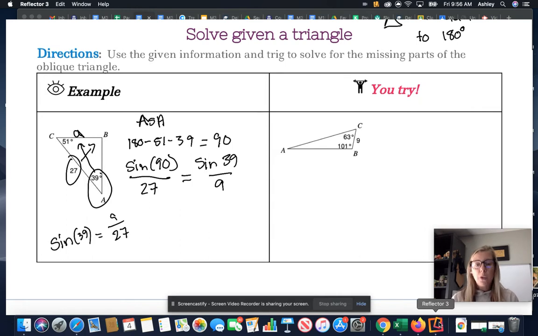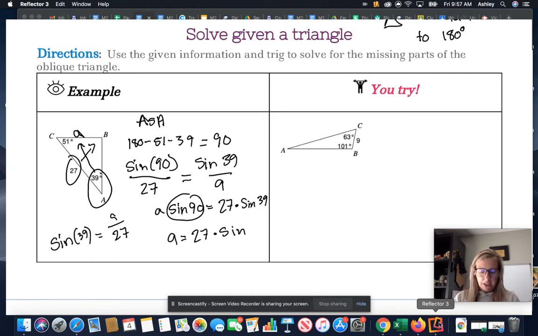All right, well, when you do sine of 90, you're going to realize it's just 1. So when we cross multiply, we get A sine 90 equals 27 times the sine of 39. Well, sine 90 is equal to 1. Check it in your calculator, but it is. So we know that A is going to equal 27 times the sine of 39.